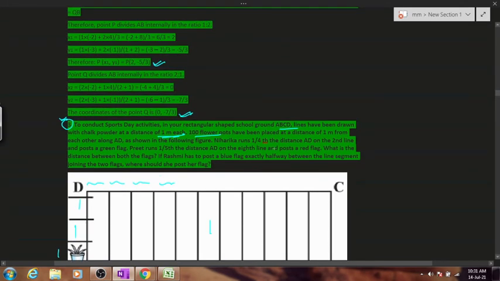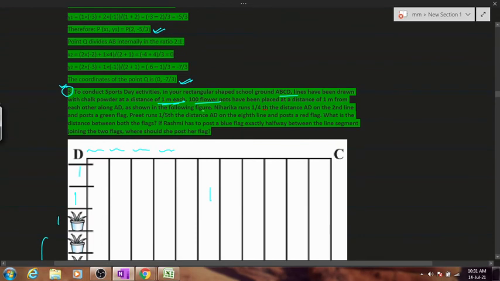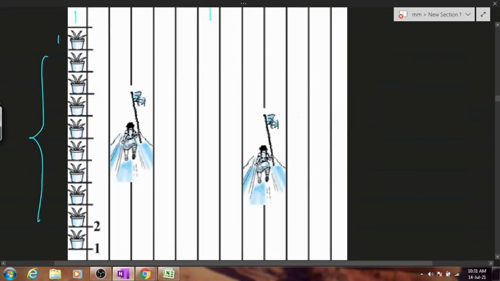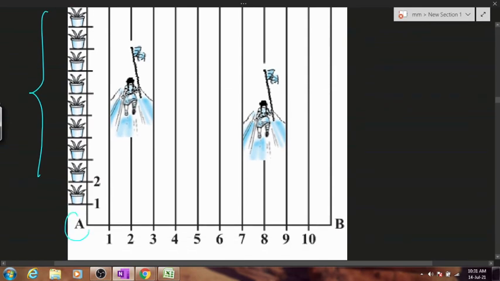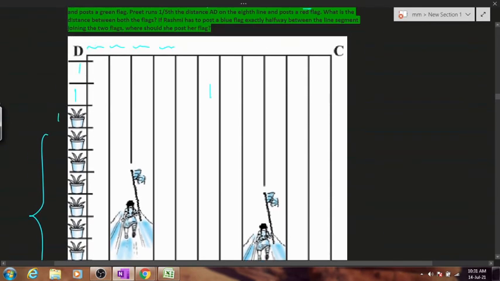Clear? Yes or no? And then again in the figure, Niharika runs 1/4 of the distance AD. This is A. This is D. Okay? 100 such flower pots are here. She has run 1/4 of the distance.